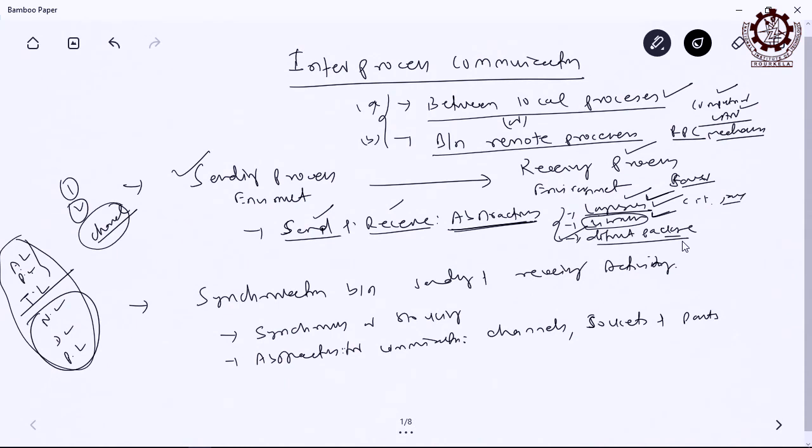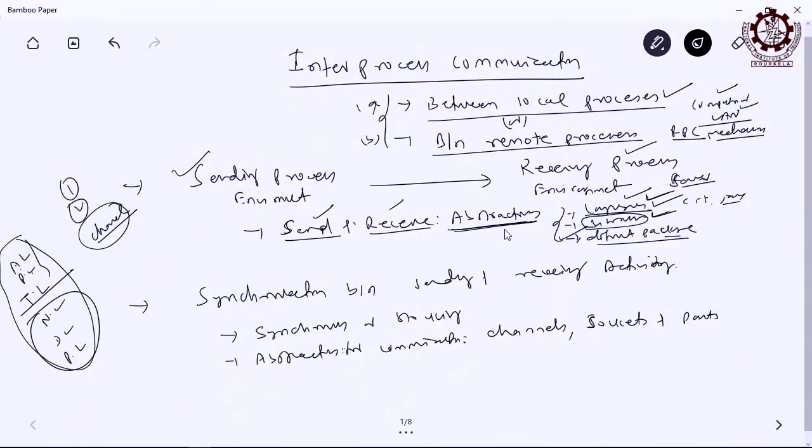You should use the direct package, because we will not be worried about how to implement the sending and receiving operations. Am I clear? So, these are the three essential entities: one is the sending environment, second is the receiving environment, and third is the communication channel. And this must be available in the form of abstractions by using a naming scheme.